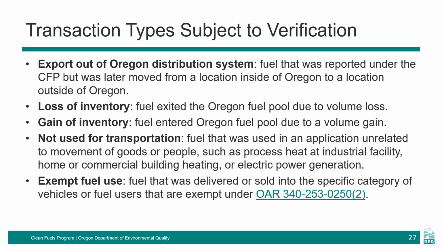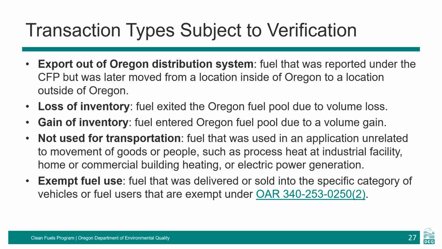Other key transaction types that require verification include export out of Oregon distribution system, which reports when fuel that was reported under the Clean Fuels program was later moved out of Oregon. Then gain of inventory and loss of inventory, which reports when fuel was added or removed from the Oregon fuel pool.